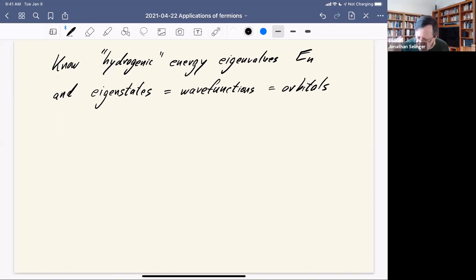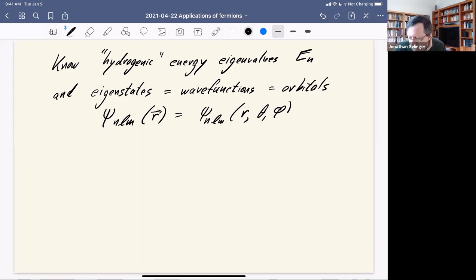They are functions psi NLM, which depend on the R vector, or we could say psi NLM, which depends on the distance from the origin and the angles theta and phi, all associated with a particular electron. So this is the position in spherical coordinates.